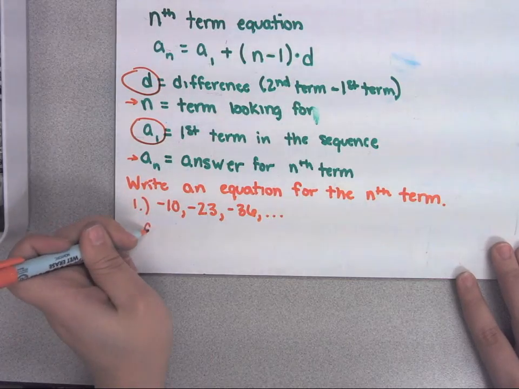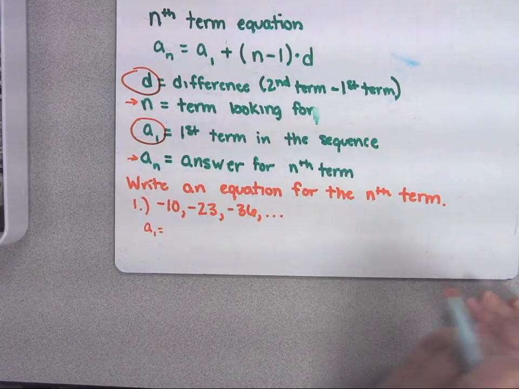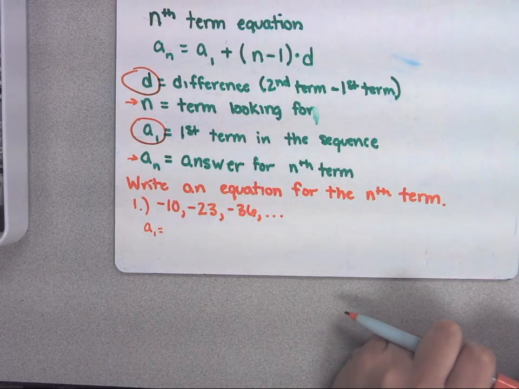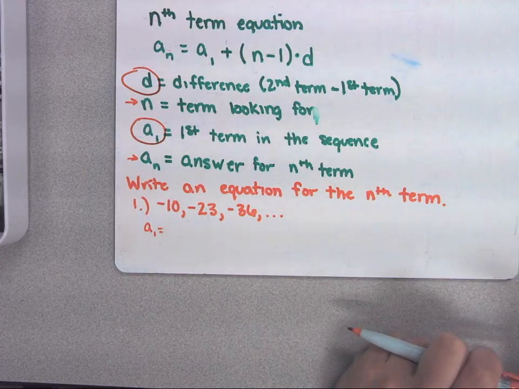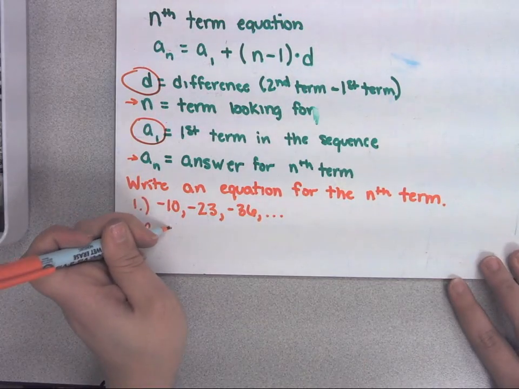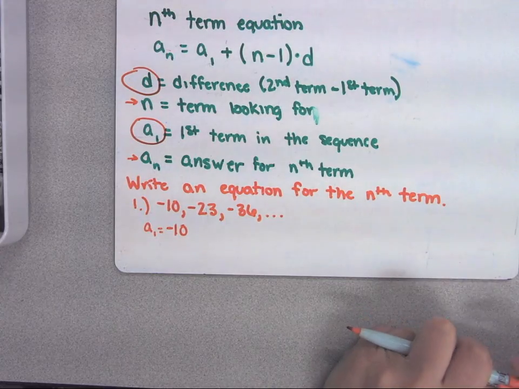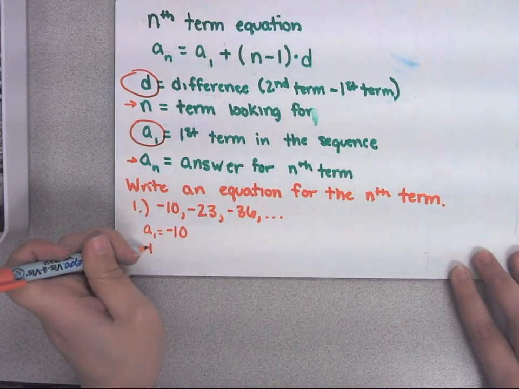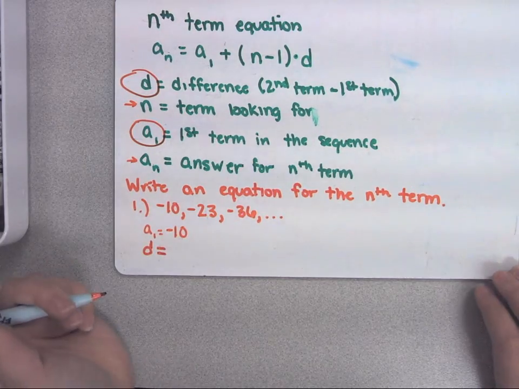Well, looking at this, can we say what A sub 1 is? There's no math involved. You just have to use your eyeballs. Looking at that sequence, can you tell me what the first term in the sequence is? -10. It's just whatever's in front. Then we also have to figure out what D is. And we've been doing this the entire time.